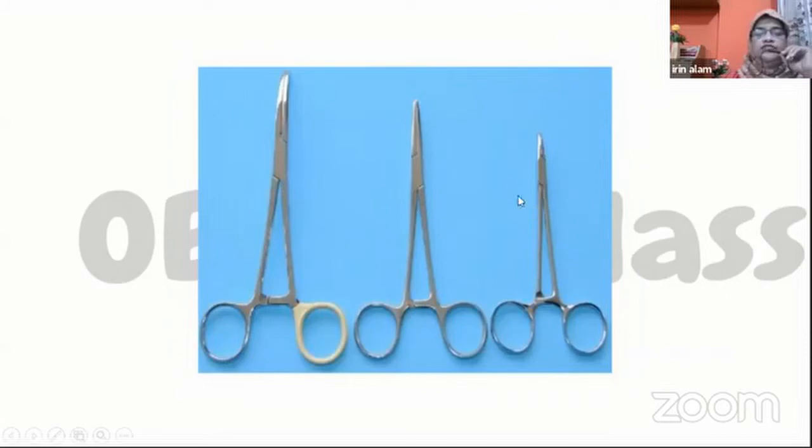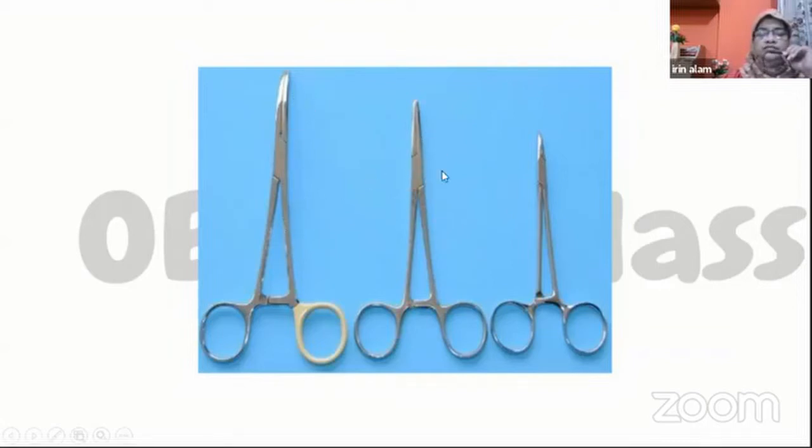There are three types of artery forceps. This is long, this is medium, and this is short or mosquito forceps. Artery forceps can be straight like this or maybe curved.